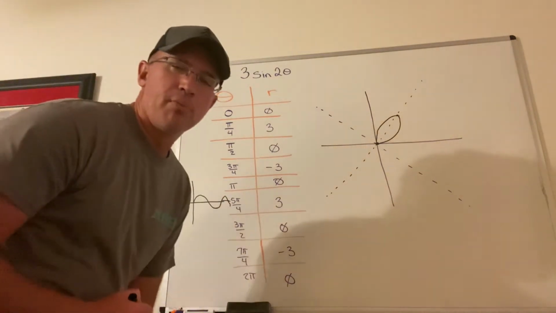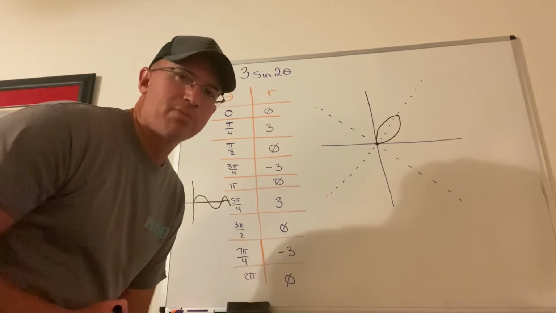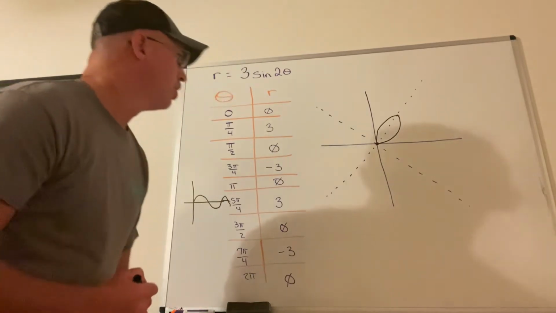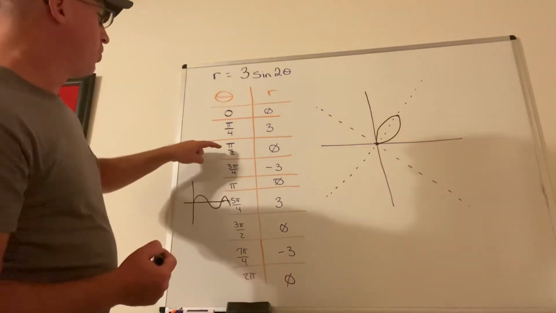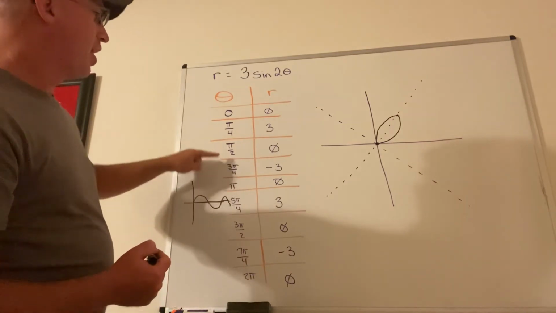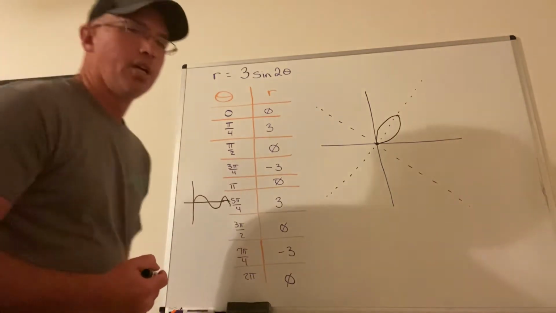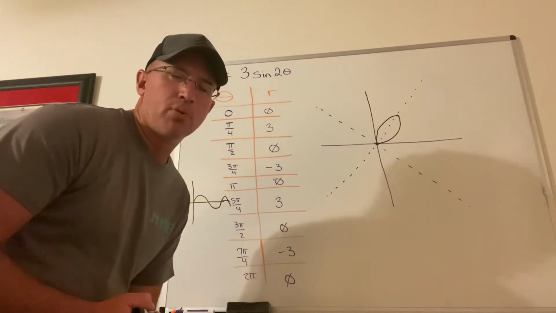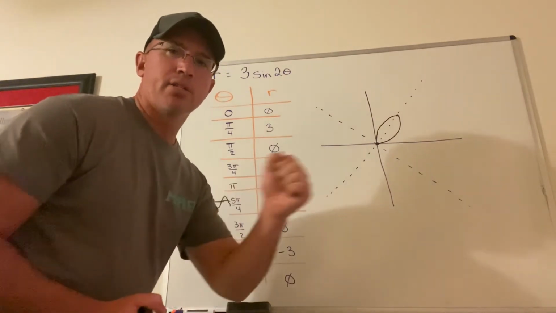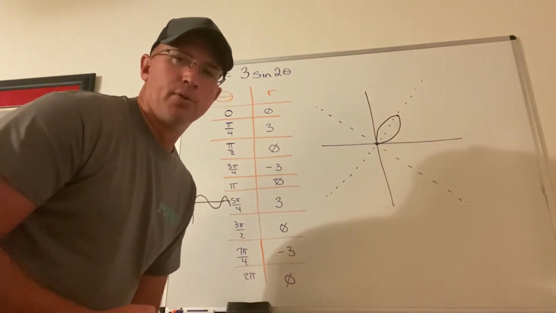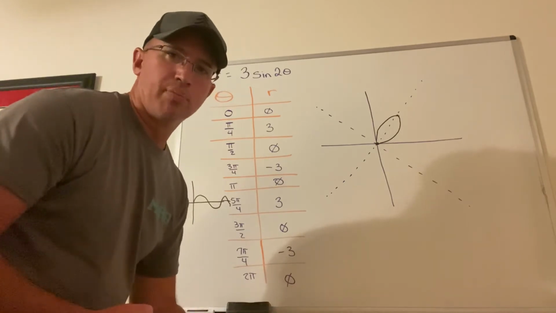So I know that in between zeros, I have the same sign of output. So everything in between this 0 and this 0 has to have a negative output. And when you have a negative output, remember, you have to reflect your arc 180 degrees from where it would have been.